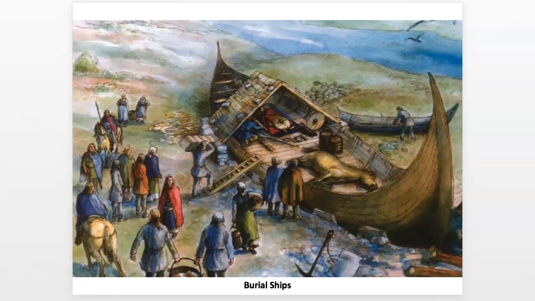But if you think about a ship back then, you're like, okay, why bury him in a ship? It's meant to be the idea of a ship that takes you to the afterlife, but also prestige. So in this, you can see that they have a horse, different goods. This has been a common theme we found across a lot of cultures. You can think of maybe the Egyptians, right?